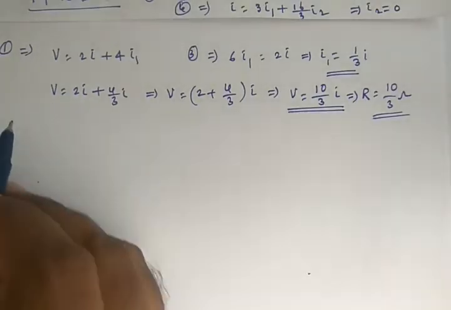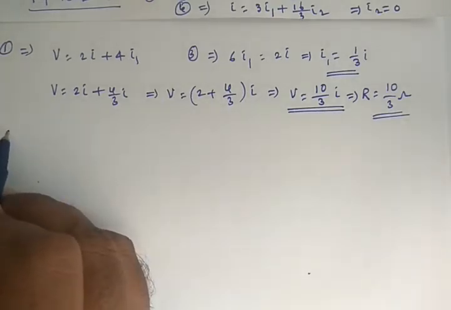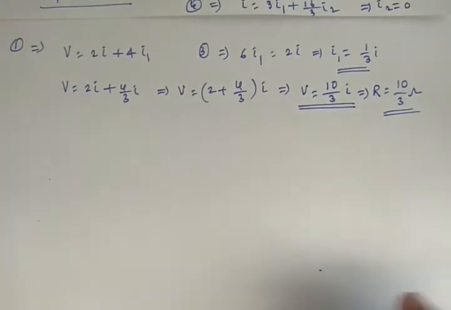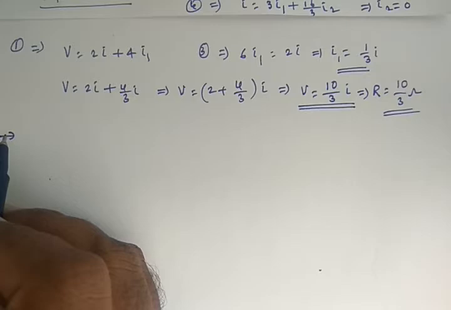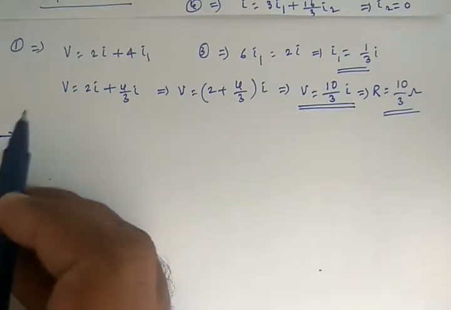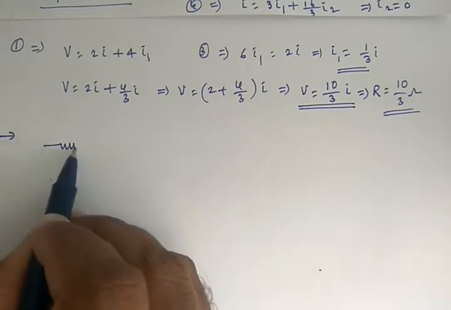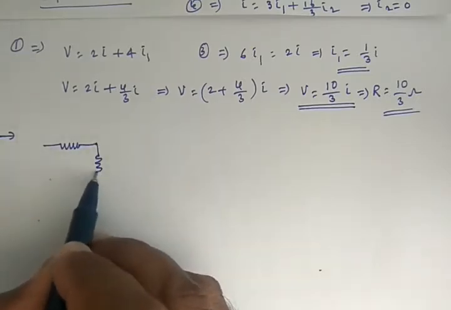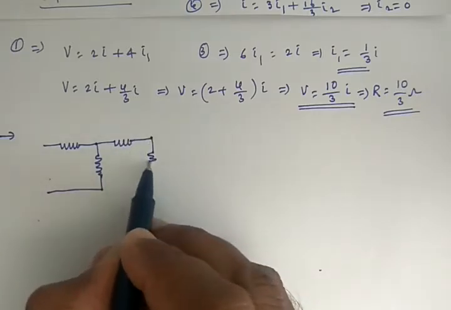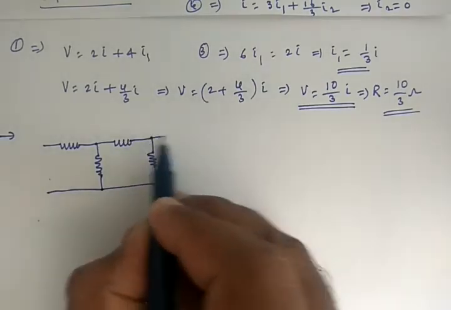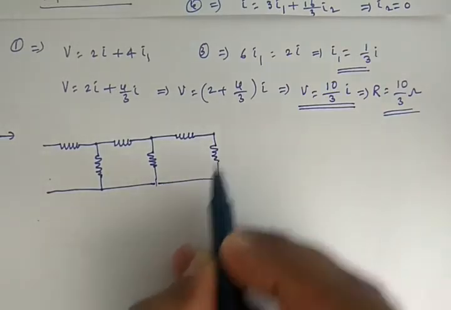Consider one more problem. Here in this problem there are many resistors. Consider one resistor here, and one more here, and one more here, and one more there, and like this.